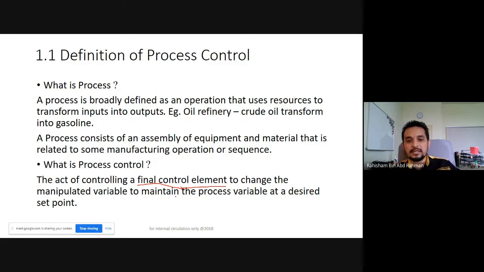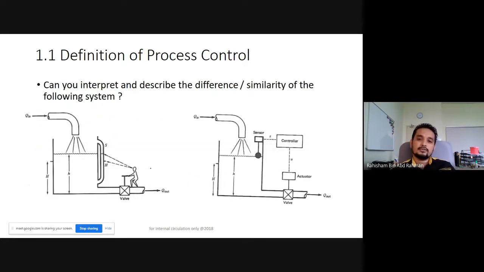Who can suggest what is the final control element for these two cases? What are the final control elements? By the word, you should be able to identify what is the final control element. Hanafi, what is the final control element in this process control case, if you can help me to identify?